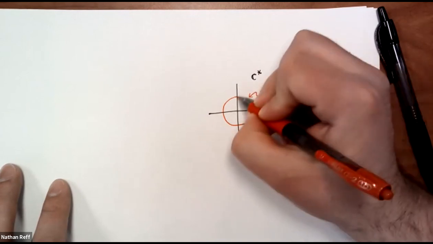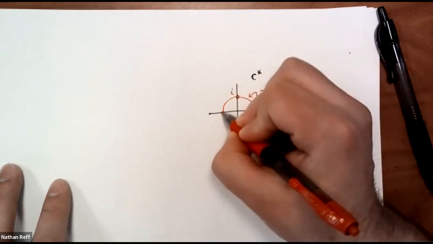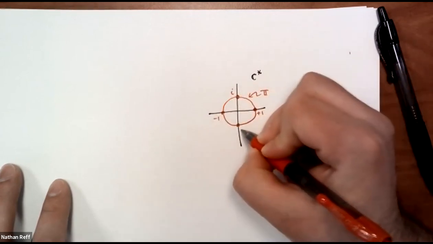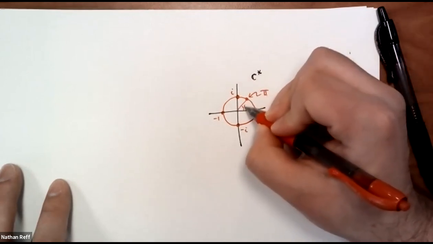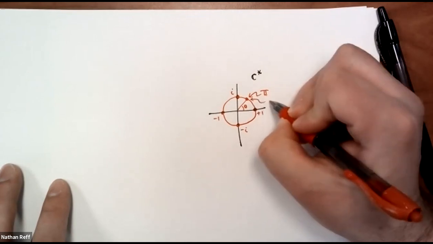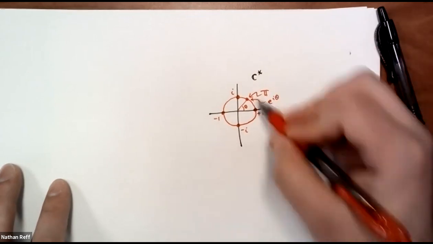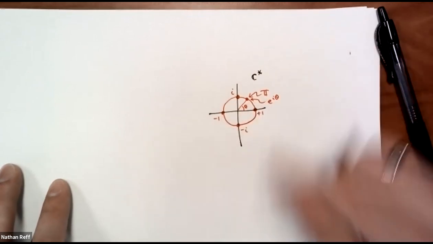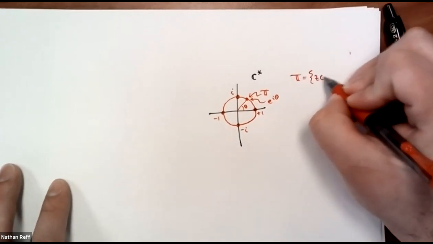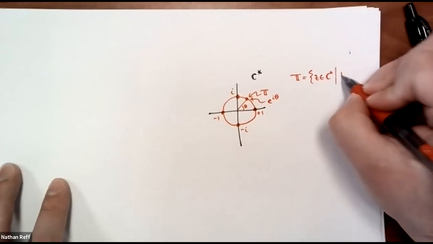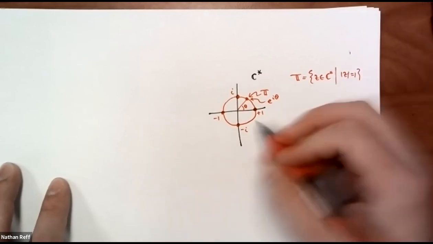So +1 is there, i is there, -1 is there, and -i is there. But also anything of the form, if I put a theta there, this is e to the i theta. So anything of that form is a complex unit. Again, complex units are complex numbers such that their absolute value is 1. So geometrically, there'll be something on that circle.